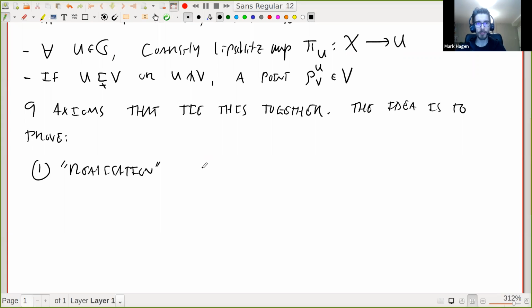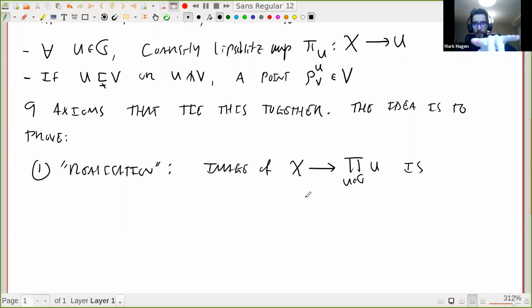says that the image of the map from X to the product of all of the hyperbolic spaces, right?